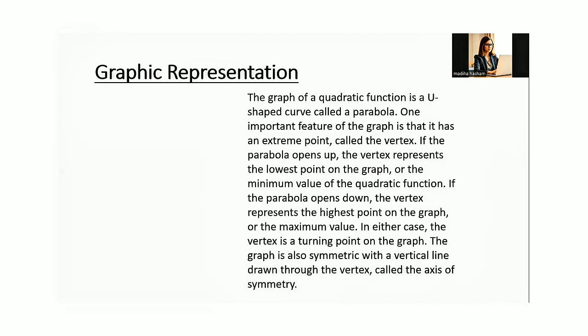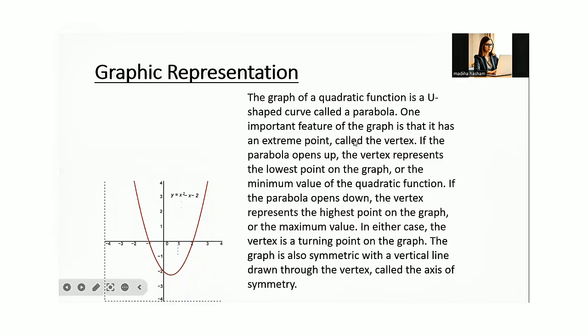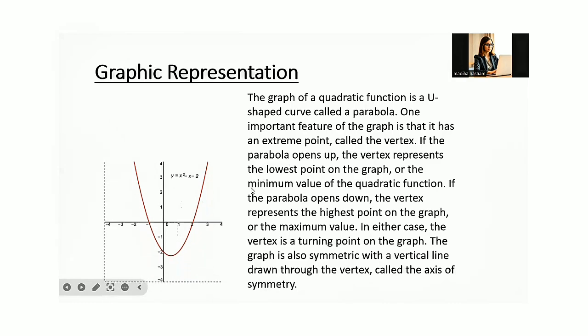Okay, next we are talking about graphic representation. As we know, a linear equation shows a straight line, but the graph of a quadratic function is a U-shaped curve called a parabola. One important feature of the graph is that it has an extreme point, which is called the vertex.